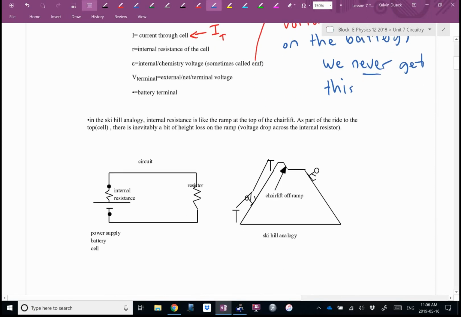Okay? So right there, this is the I times R lost in the battery itself. This would be the curly E, the EMF.